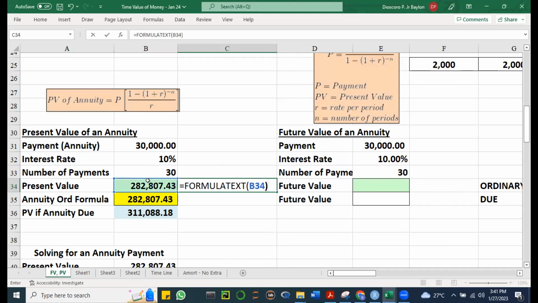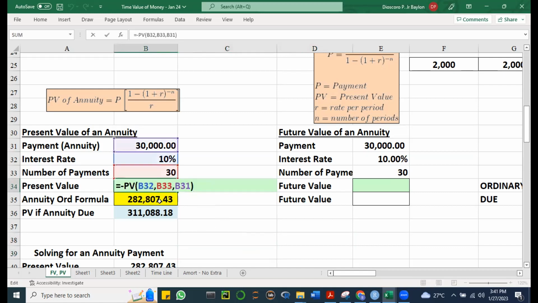So this is the formula that I used: PV. The rate is 10%. The number of periods is here, 30. And the PMT is 30,000.